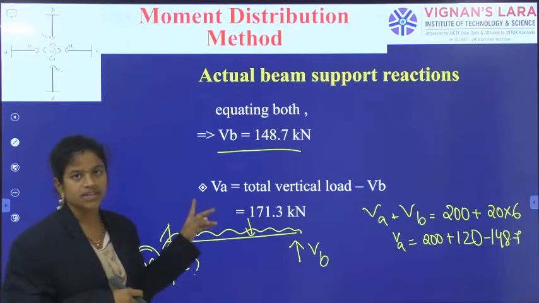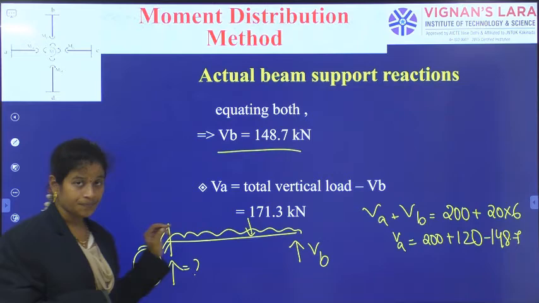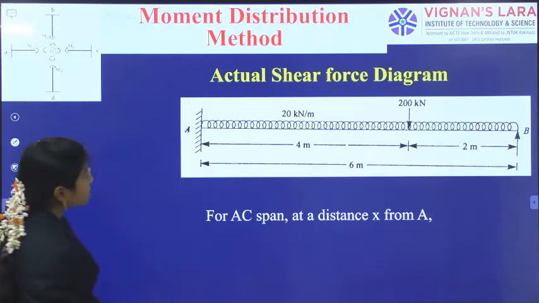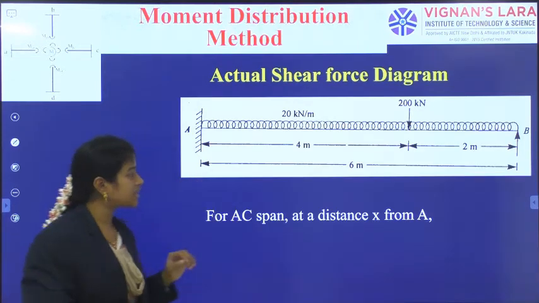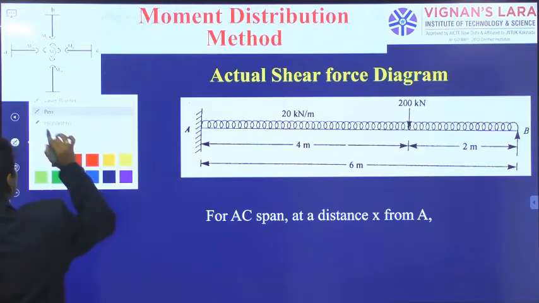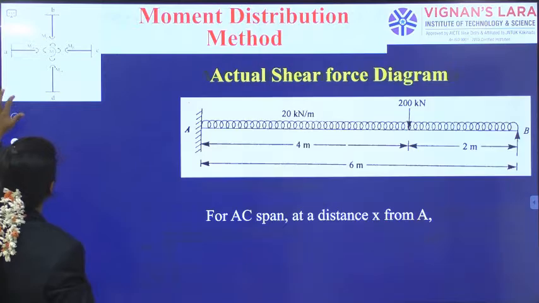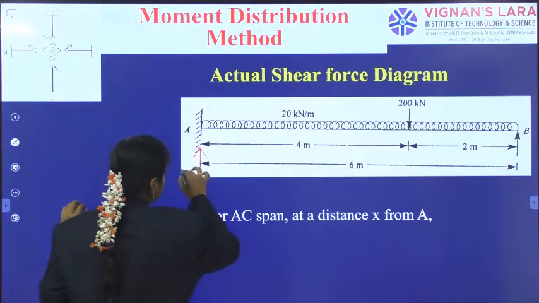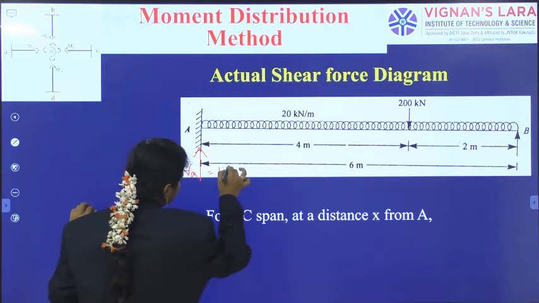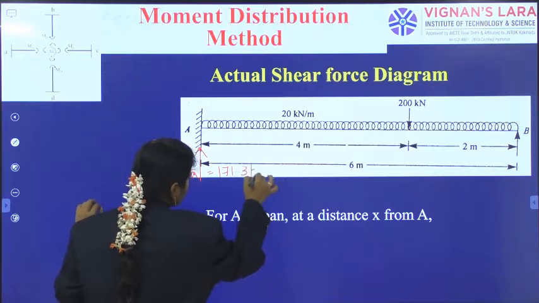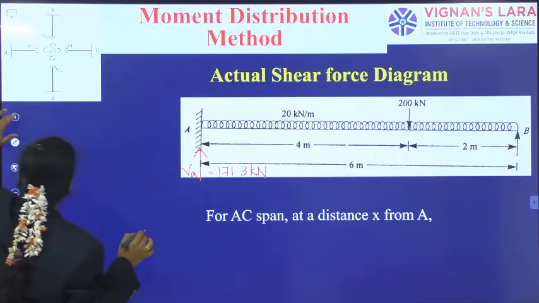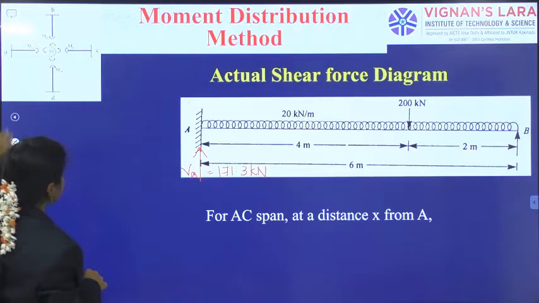Okay, using that condition we have calculated two answers, and then we go into the actual shear force diagram. For generating the actual shear force diagram, we first indicate VA, 171.3, and VB, 148.7.